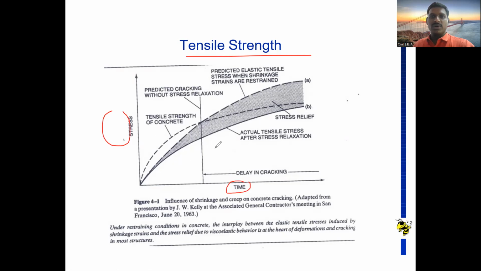Are you getting? Concrete is weak in tension, but strong in compression. So the tensile strength we also have to measure, because this shrinkage phenomenon is observed in the concrete due to absorption of the water by the aggregates. So this tensile test we also have to perform on the concrete.